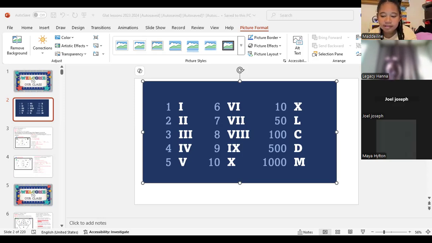Madeline, what number are you on? I think I'm on number 5. And I got it wrong. Why is that? I don't know. It's the subtractions that I'm getting wrong.